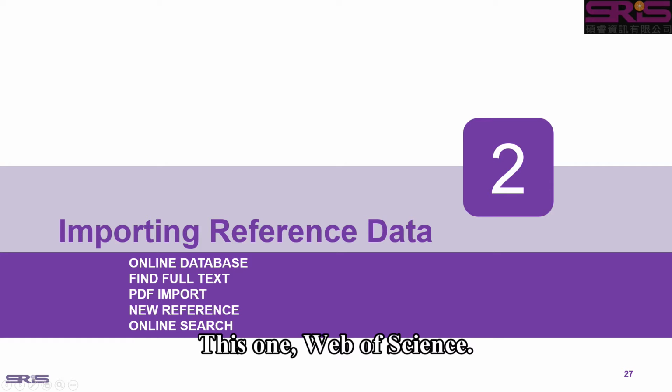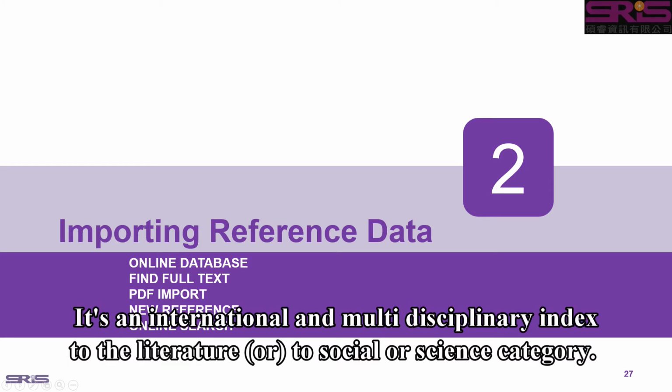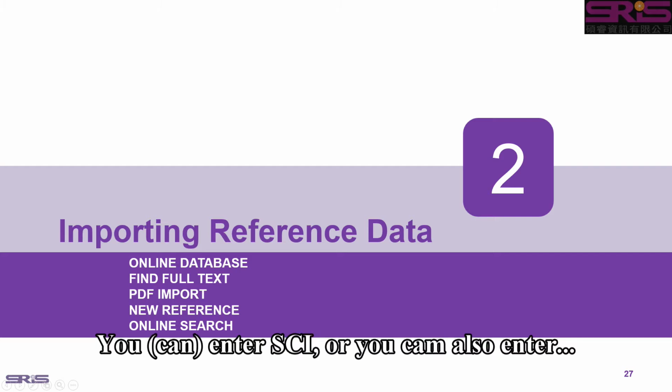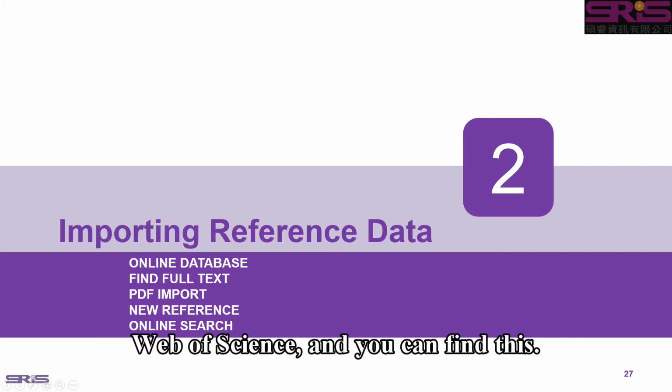This one, Web of Science, is an international and multidisciplinary index to the literature, to social science categories. So you can just find it from the database search. You enter SCI, or you can also enter Web of Science, then you can find this.